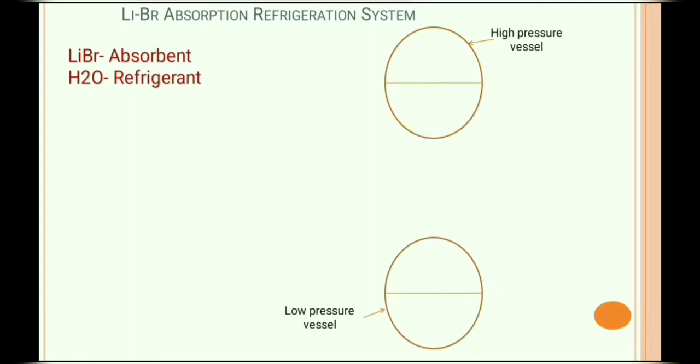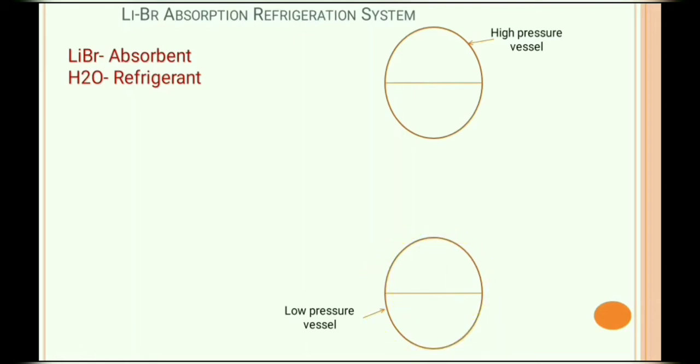And we all know the evaporator and absorber are at the same pressure, and that pressure is said to be the low pressure. That is why these two parts are in the low pressure vessel.